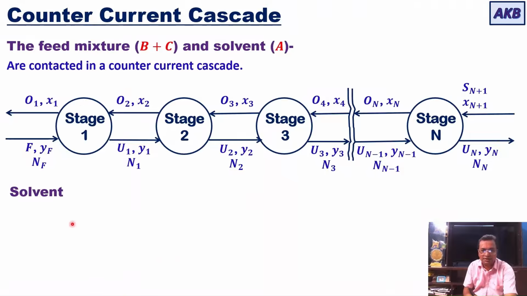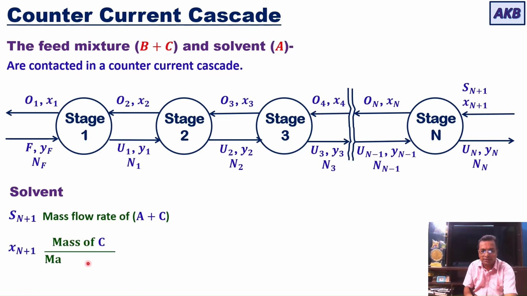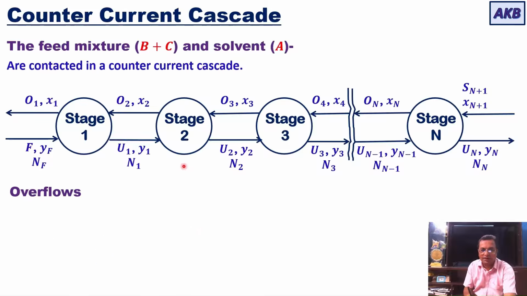Then the solvent stream, solvent phase. So capital N plus 1, it is nothing but mass flow rate of A plus C. Then X N plus 1 is mass of C upon mass of A plus C, which is weight fraction of C on a B free basis, and there will not be any solids. So we don't have any N for the solvent phase. Then you have overflows, various overflows, O1, O2, O3, O4, On.